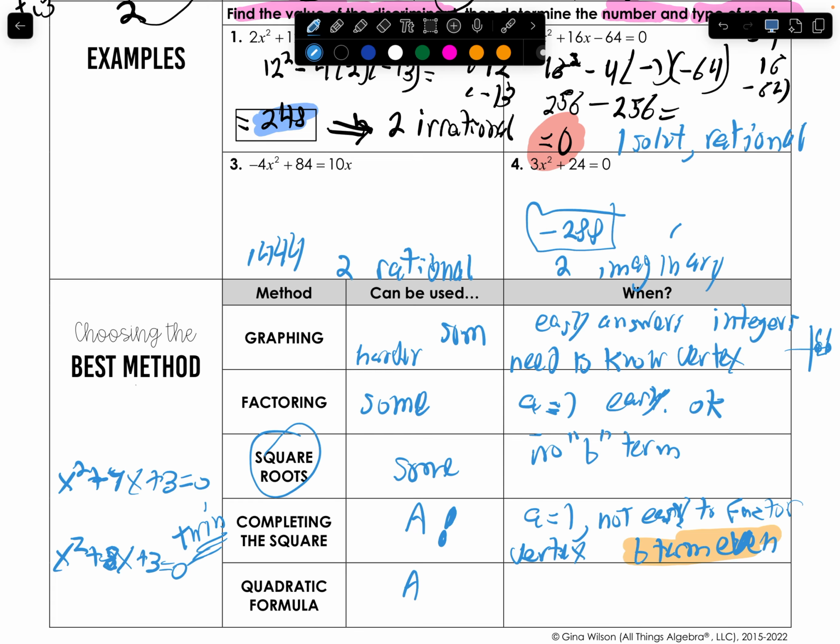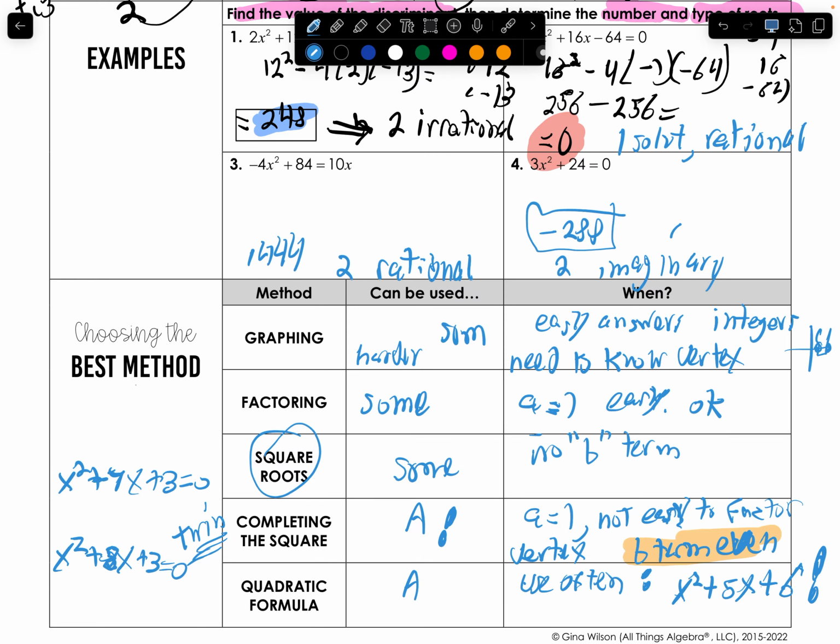Okay, so completing the square, b term even. Quadratic formula, you can always use that. So I would say use often. But why would you use it? I just want to point out, why would you use it if you had something like this? If you got something like this, you should very easily say, no, I don't need quadratic formula for that.